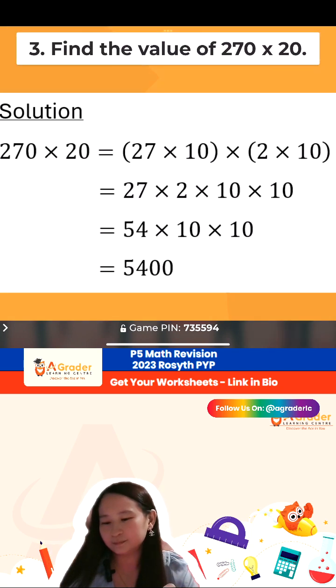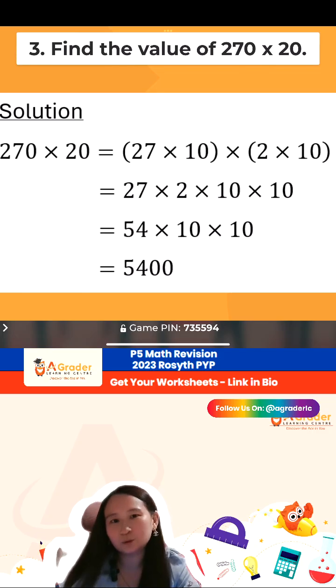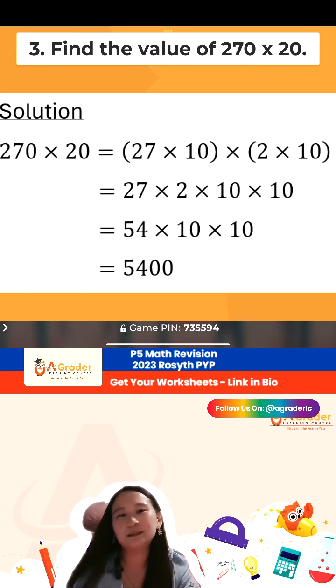Okay. So what we can do is we split 270 to 27 times 10, 20 to 2 times 10. Okay, then we take 27 times 2 times 10 times 10. So 27 times 2 is 54 times 10, you always just add a 0 behind. So we add 2 0 behind here.